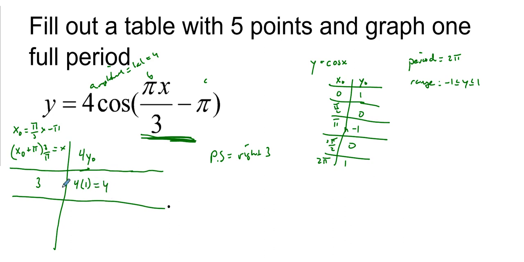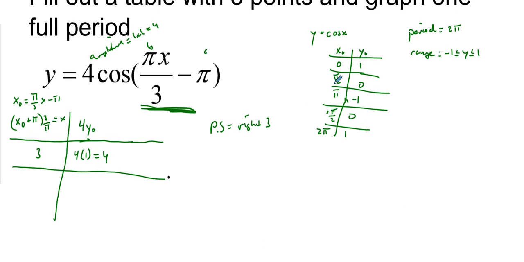For our next value, if we take pi over 2, and plug it into this little equation, plus pi, and then multiply by 3 over pi, that's how we got this one as well.